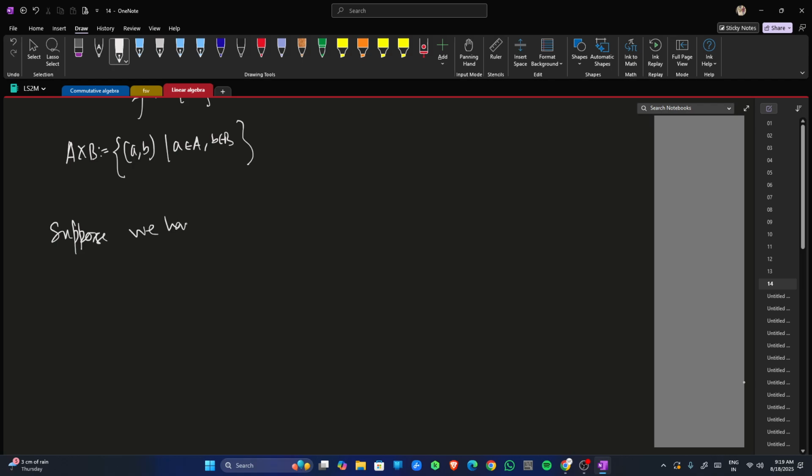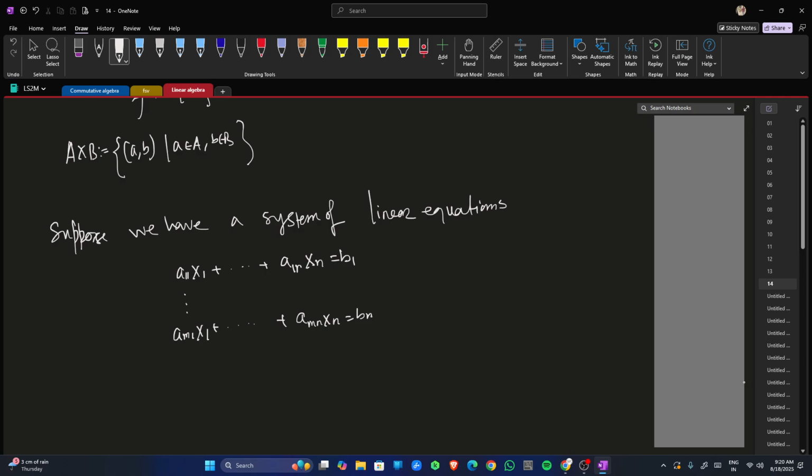Okay, now suppose we have a system of linear equations: a11 x1 plus ... plus a1n xn equal to b1, and so on, up to am1 x1 plus ... plus amn xn equal to bm.